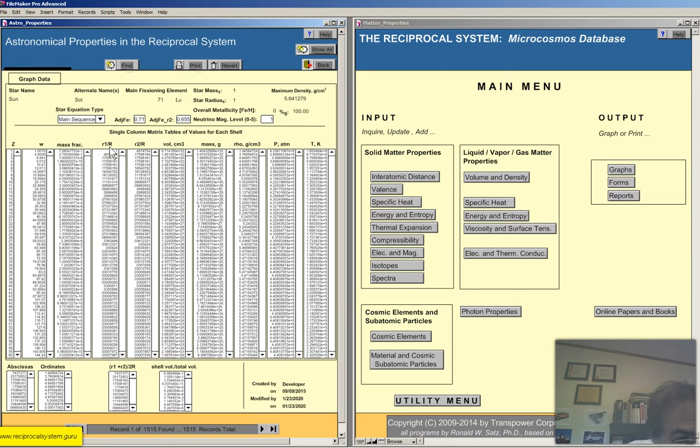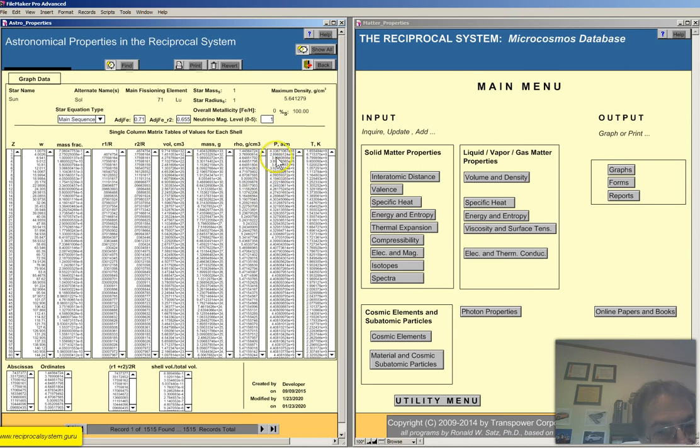The R1 and R2 are the radii for the shell limits, so each shell has a limit. So that's what that means right there. The R1 over R at the surface is 1, and it goes down to here, and then it zigzags across.